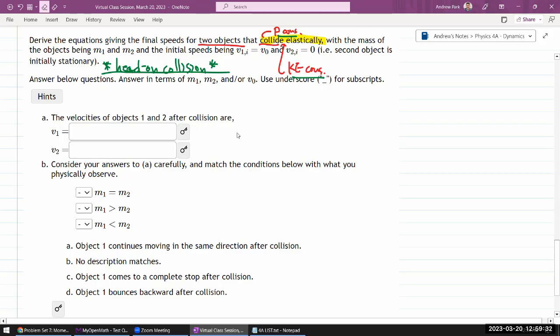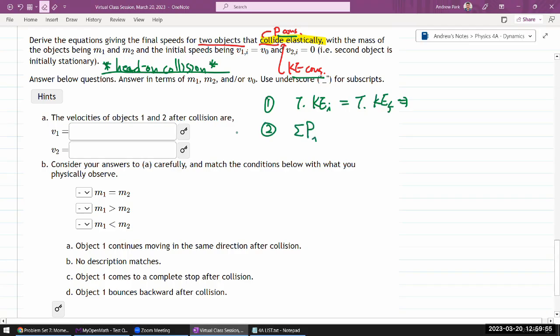So with the head-on collision, treating this like a one-dimensional situation, my first equation is conservation of kinetic energy. The total kinetic energy initially is going to be equal to the total kinetic energy finally, and I'll parse out exactly what this is. My second equation is conservation of momentum.